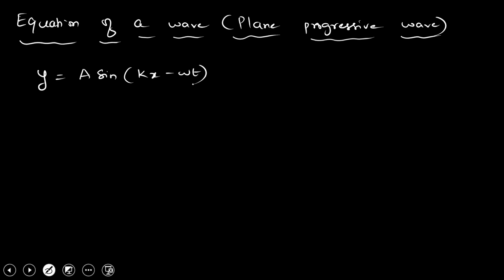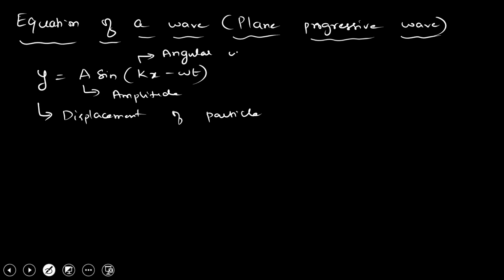This is the equation of a plane progressive wave, where y represents the displacement of particles, A represents the amplitude of the oscillating particle, k stands for the angular wave number, and omega stands for the angular frequency.